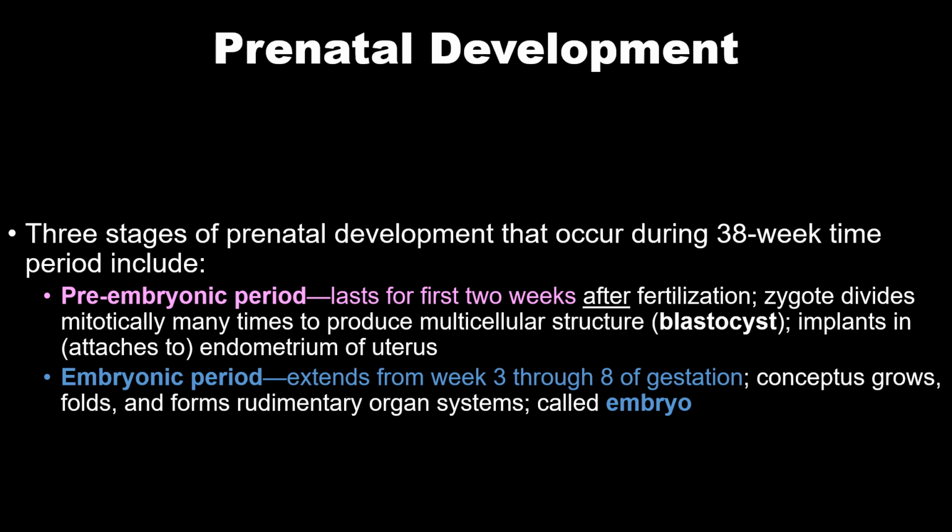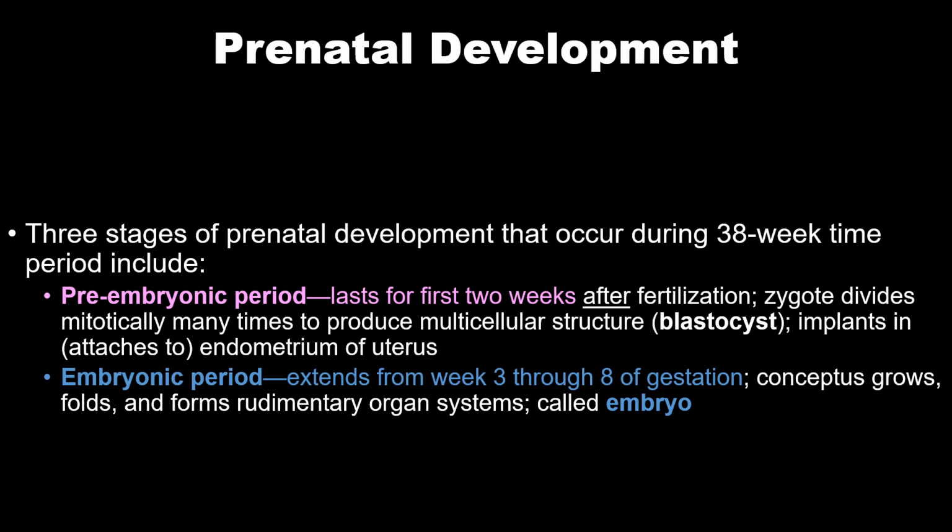The pre-embryonic period is those first 2 weeks after fertilization. If you remember, when the secondary oocyte is fertilized by the sperm cell, the male gamete, this urges the secondary oocyte to undergo meiosis II, and it becomes an ovum. After that ovum is formed, the male and female nuclei fuse, becoming a single-celled zygote.